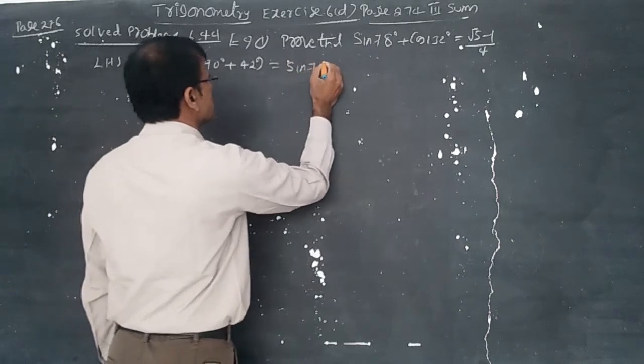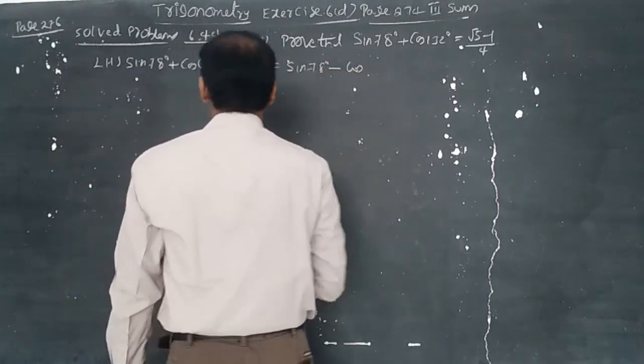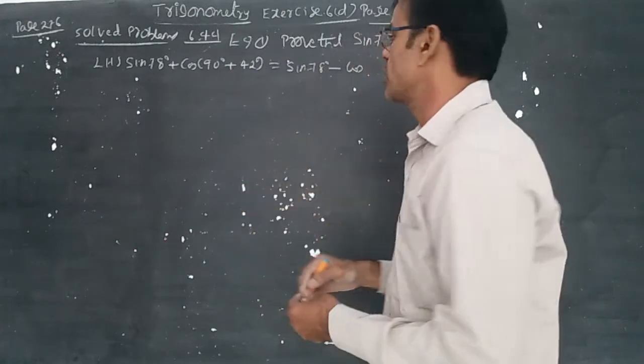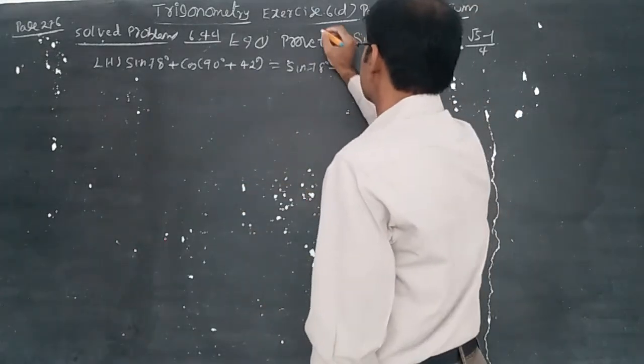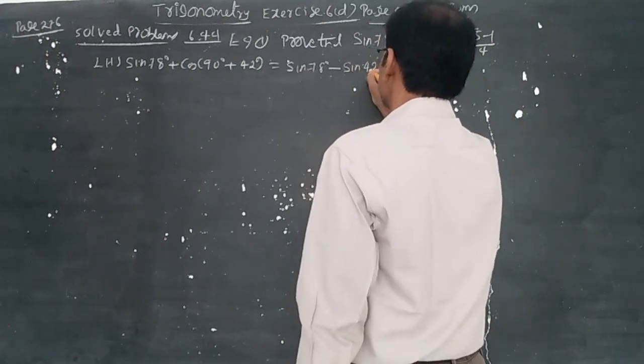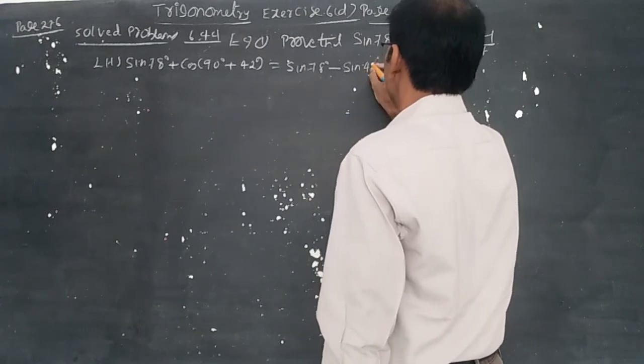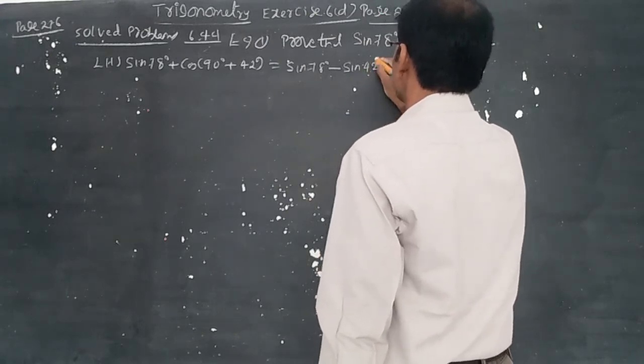So this is sin 78 plus cos 90 plus theta, which according to L angles becomes minus sin theta. Whenever 90 is there, the term will be changed. Sin 78 degrees minus sin 42 degrees.